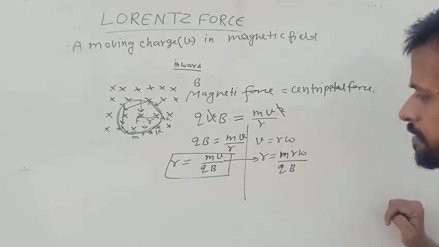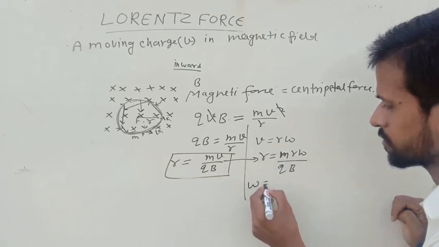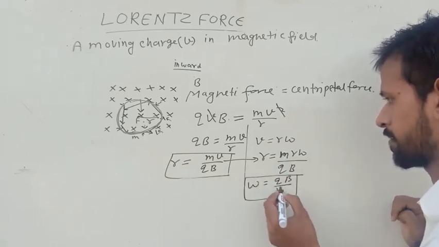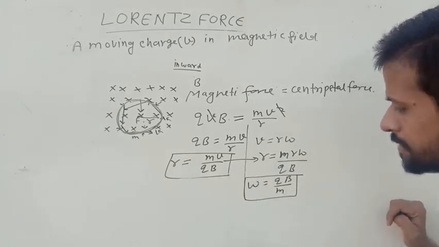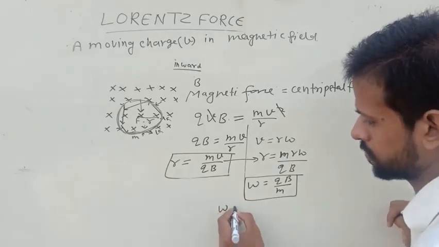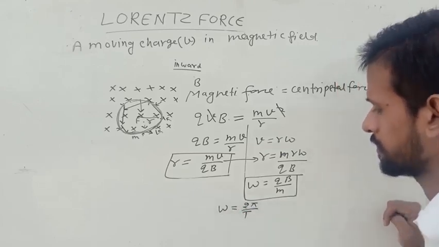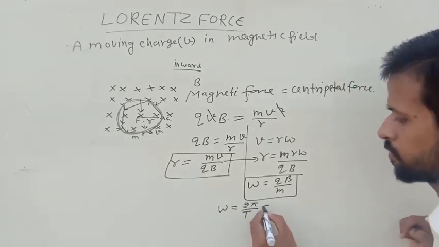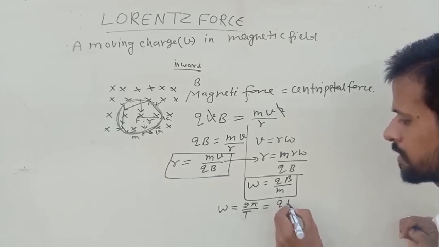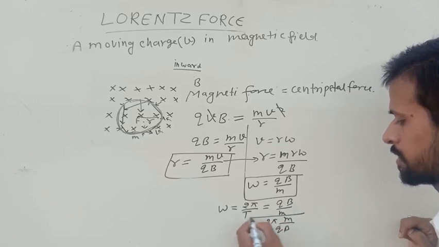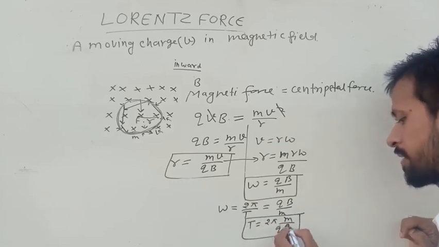The r cancels, then omega is equal to qB upon m. Now for the time period, omega is equal to 2 pi by T, then 2 pi by T is equal to qB by m, then T is equal to 2 pi m upon qB. This is the time period.